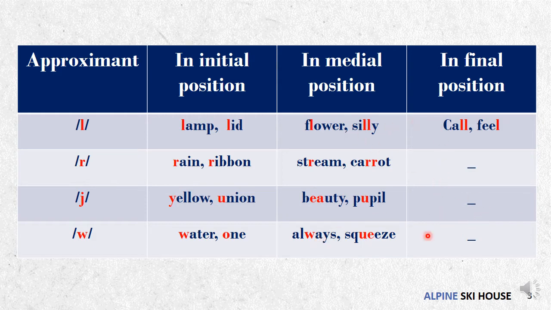Only the L sound can be seen in final position. We cannot see the rest of the three sounds in the final position. So call, L sound, is in the final position. So now you understand how these sounds have different positions. Sometimes it may come in the initial or in the medial position and also in the final position.